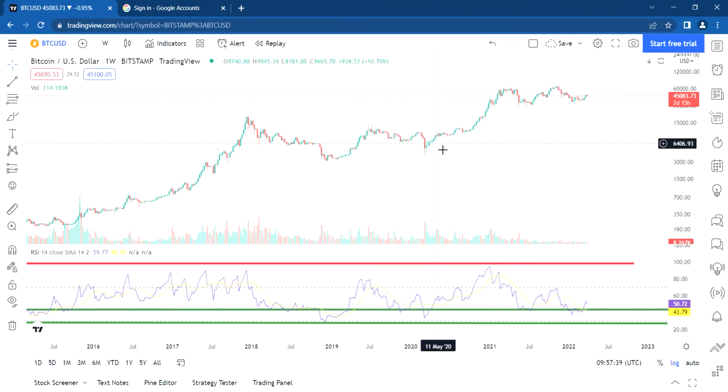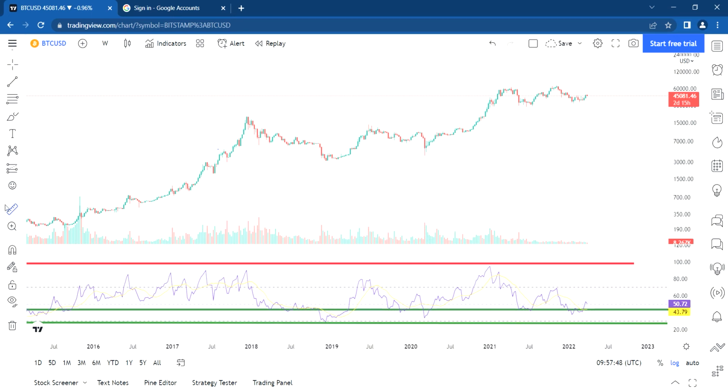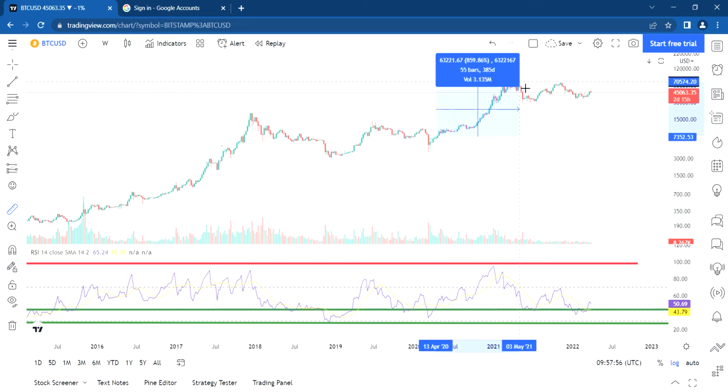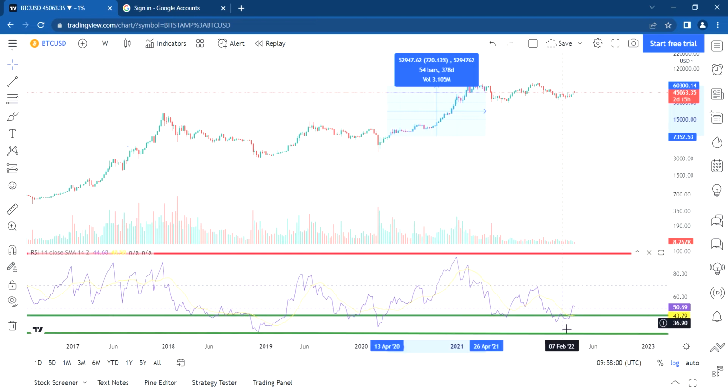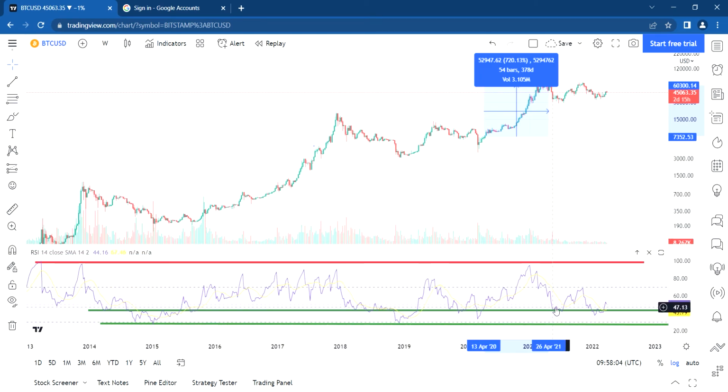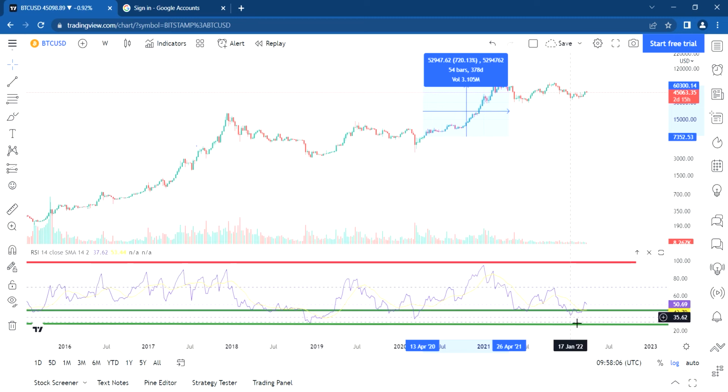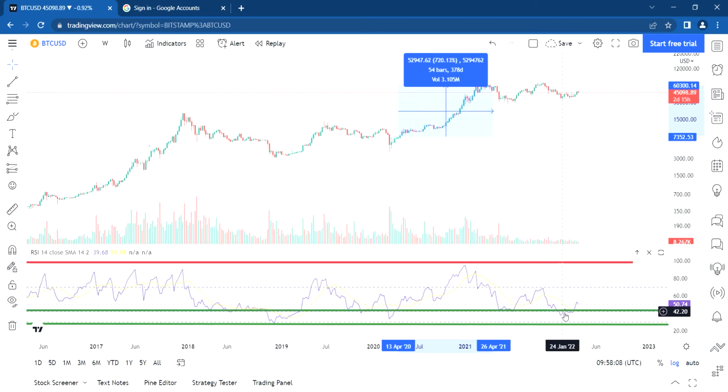And again, you can see here the COVID crash, similar thing. Buying within this region here, you'd have made a lot more gains just buying in general without even picking the perfect bottom. From here when it breaks out, again you'd have made 700%. And we've had a similar thing here, not as low as the others, but again a general range over here, and time will tell.